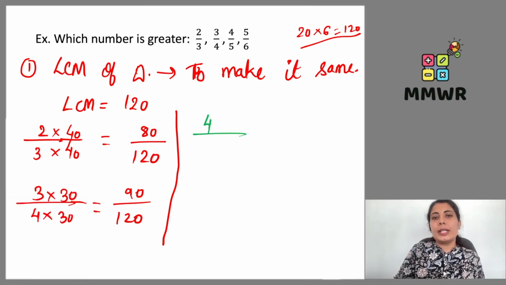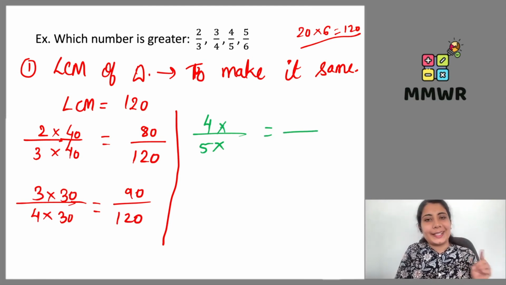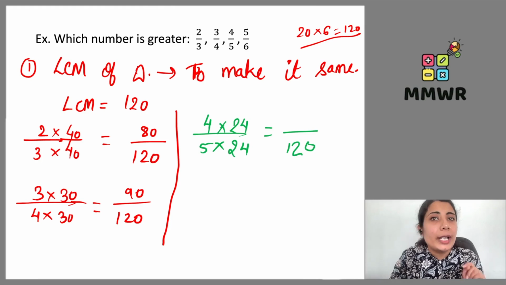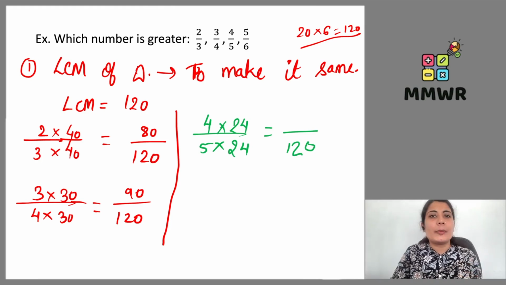Then we will find the equivalent fraction for which one? Yes, for 4 upon 5. So 24 I will multiply here. 5 fours are 20, carry over 2, 5 twos are 10 plus 2, 12. That means 120 is coming again in the denominator.